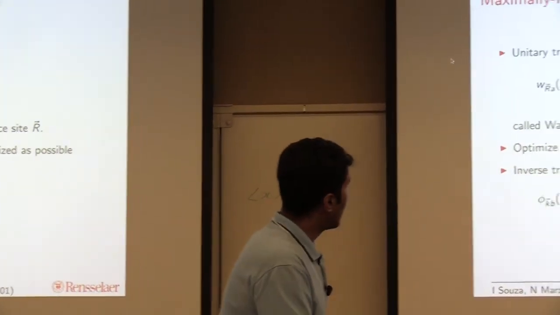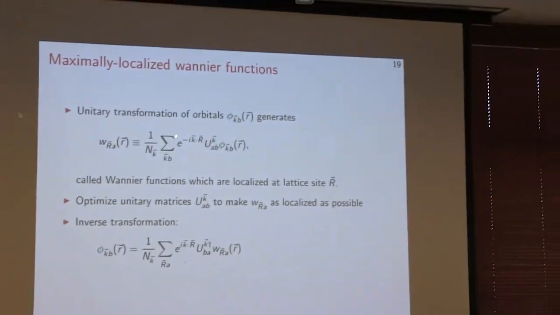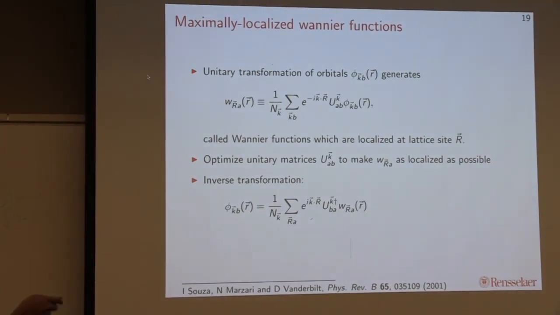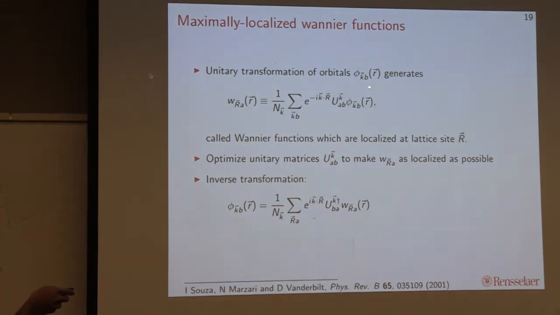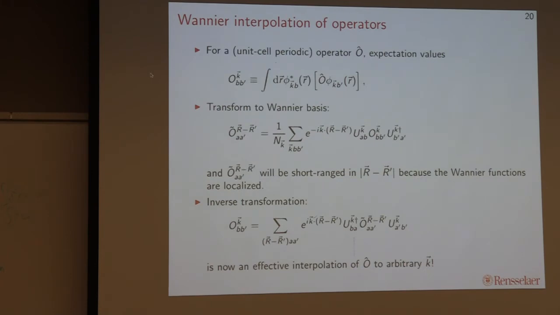Okay, so effectively this is a Fourier series, a discrete Fourier transform and inverse discrete Fourier transform between k and r, going from periodic functions in space to localized functions in space, right, with the easy inverse transform. Right. Now, why these are useful is what we're going to come to here. So let's now think about an arbitrary operator whose expectation values you might be interested in.